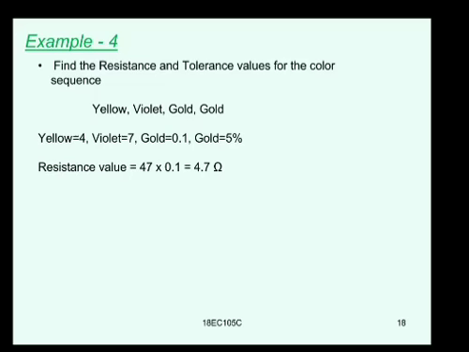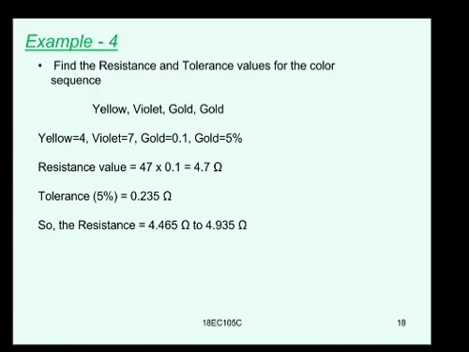So the resistance value will be 47 times 0.1, that will be 4.7 ohms. Tolerance is 5%, so if you compute, it amounts to 0.235 ohms. So the resistance value range will be 4.465 ohms to 4.935 ohms.